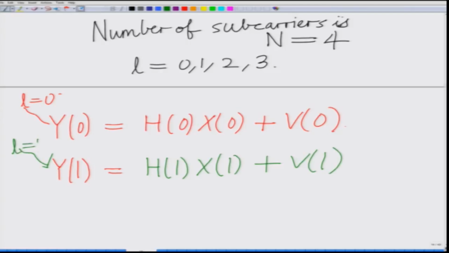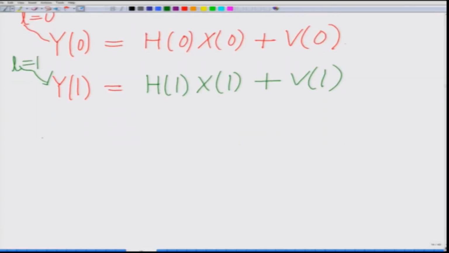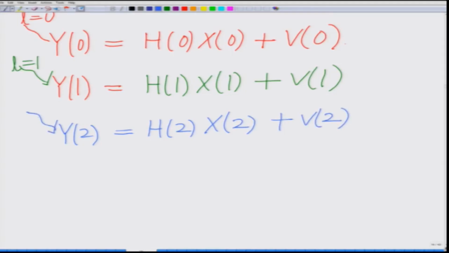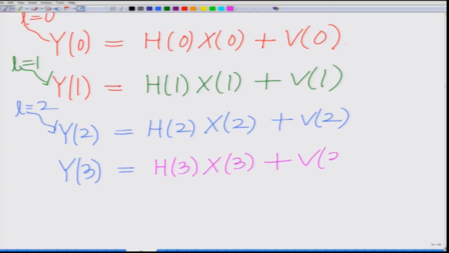This corresponds to subcarrier L equal to 1. Then, again the same thing, y2 equals h2 x2 plus v2 across subcarrier L equal to 2, and just to finish this, I have y3 equals h3 x3 plus v3 across subcarrier L equal to 3.